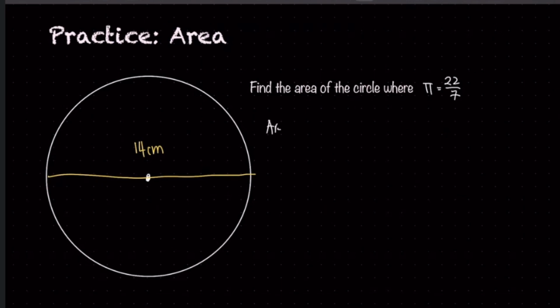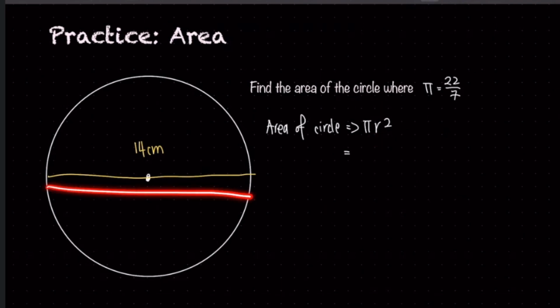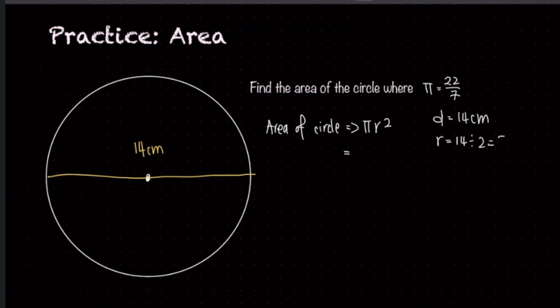So area of circle, pi r square. And notice that this is r, but here we have diameter. So let's write this. Diameter is 14 cm. Radius is 14 divided by 2, 7 cm.